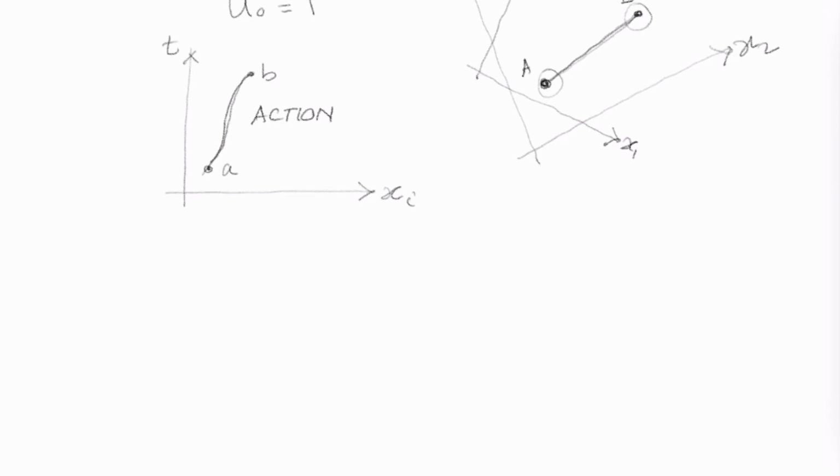The second quality is the action must be always the possible minimum in all other possible transformations. There's one quality we know in space-time geometry that satisfies these qualities. It is the proper time.